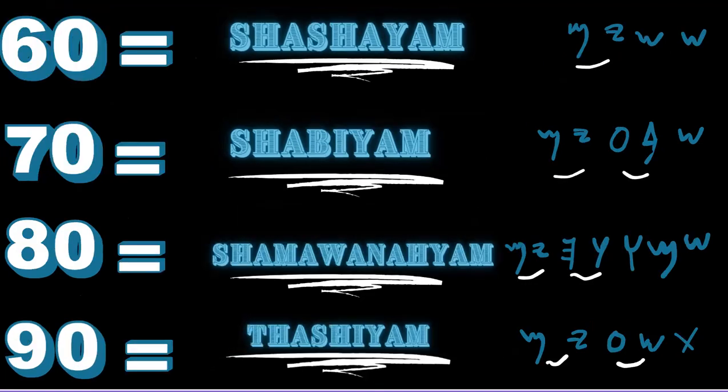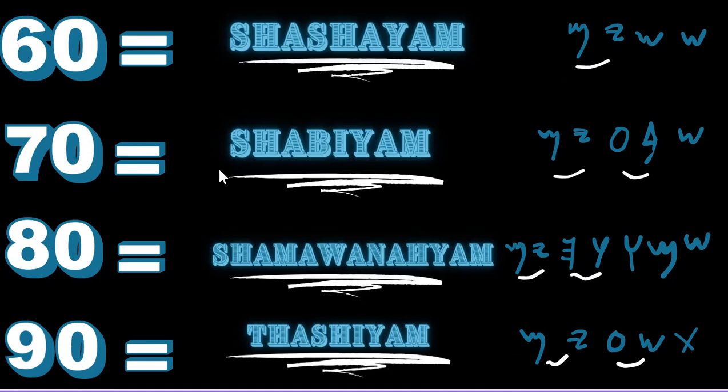We have 60. 6 is Shasha, so 60 will be Shashayim. And 61 will be Achad Shashayim. 62 will be Shanya Shashayim. 63 is Shalash Shashayim. 64, Arabai Shashayim, and on and on. 7 is Shabai, and Shabayim makes it 70.